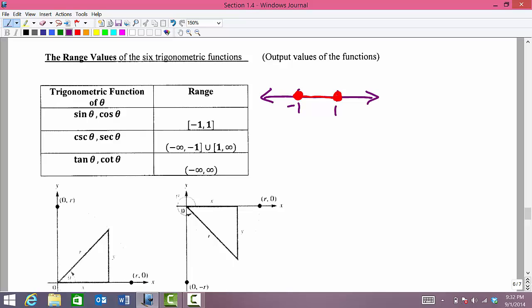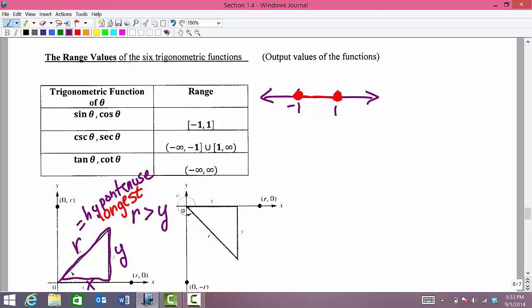When we are looking at our x, y, and r as the sides of a right triangle, r would be the hypotenuse. And the hypotenuse, if you remember, would be the longest side of our triangle. If r is always the longest, then if I was looking at the relationship between r and y, r would always have to be larger than y.